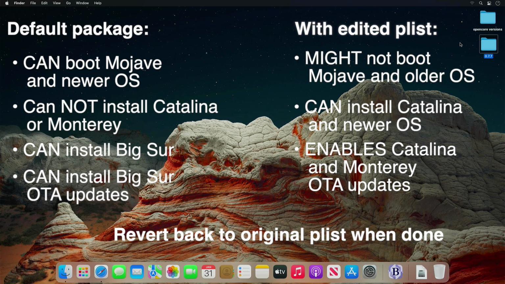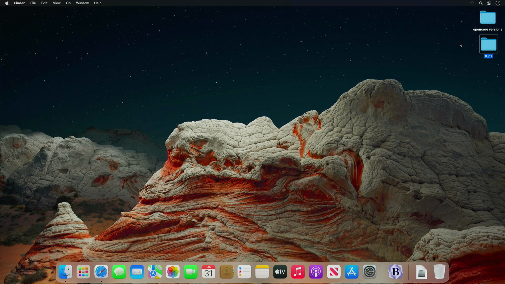This was recommended to me by someone that builds and tests these packages before they're released, so I fully take his word for it. And that's the process for a Mac Pro that runs OpenCore, the classic Mac Pro or the Martin Lowe package. And that's it.